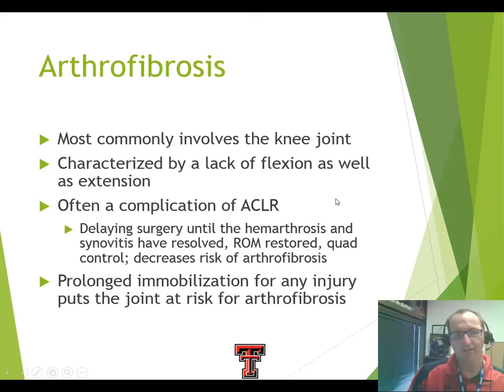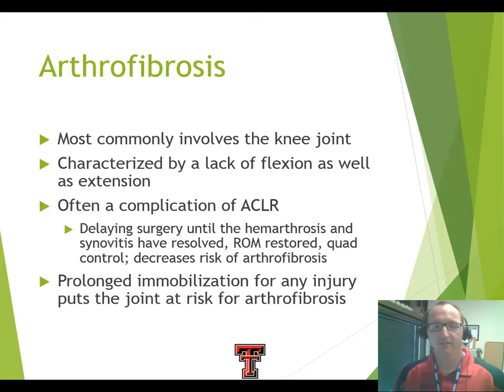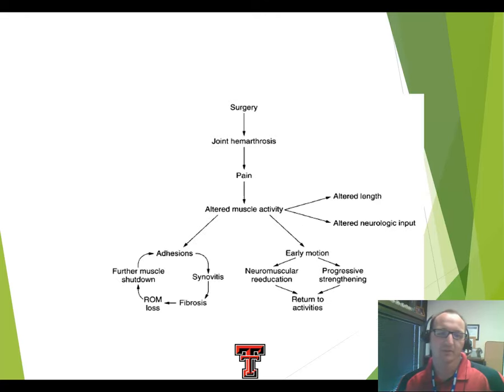So treating arthrofibrosis means early range of motion. This is one of the reasons I used to put patients in passive range of motion, continuous passive motion machines. Okay, so we see following surgery they get that hemarthrosis. It hurts. That alters their muscle activity.